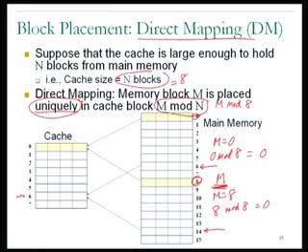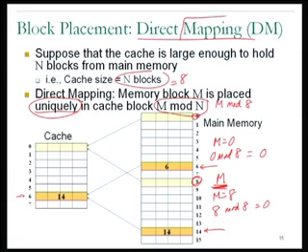Therefore, between main memory block 6 and 14, only one could be present in the cache at a time. So it could be that right now main memory block 6 is present in the cache, in which case the cache would look like what we have on the screen. Whereas after this, if main memory block 14 enters the cache, then the cache would look like this, because both main memory block 6 and main memory block 14 map to cache block 6.